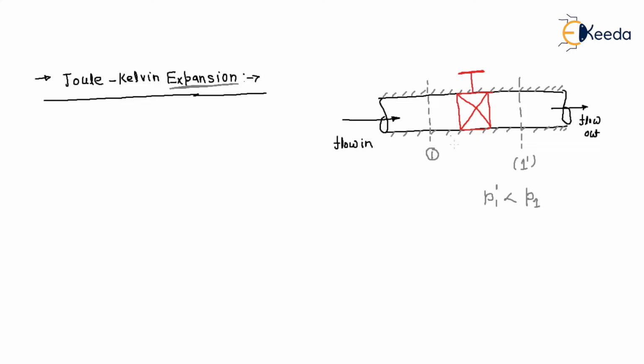So how can you measure the pressure? You install here a pressure gauge which measures pressure P1, and install also here a pressure gauge which measures pressure P1 dash.